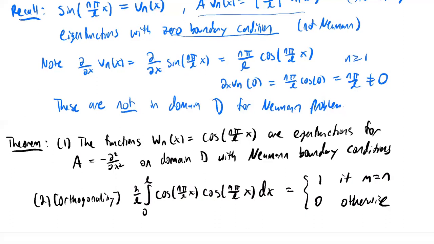So this is the same formula we had for the sine eigenfunctions in the other boundary value problem, so the notion of orthogonality is preserved.